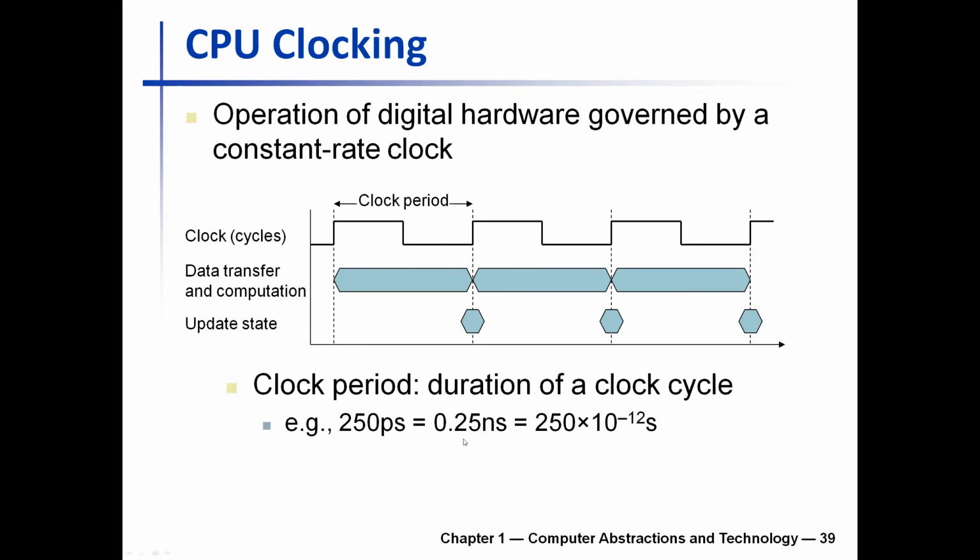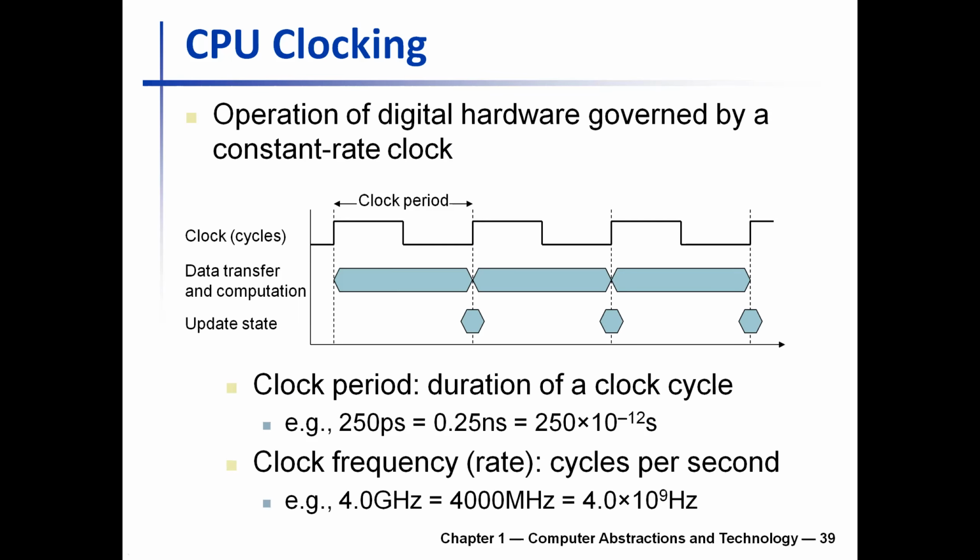Very simple example. Period is the duration of a clock cycle, and say we can say the clock period is 250 picoseconds, so 0.25 nanoseconds. Then the same thing can be said using the reciprocal of this, which is clock frequency, the rate: how many cycles the clock goes through per second.